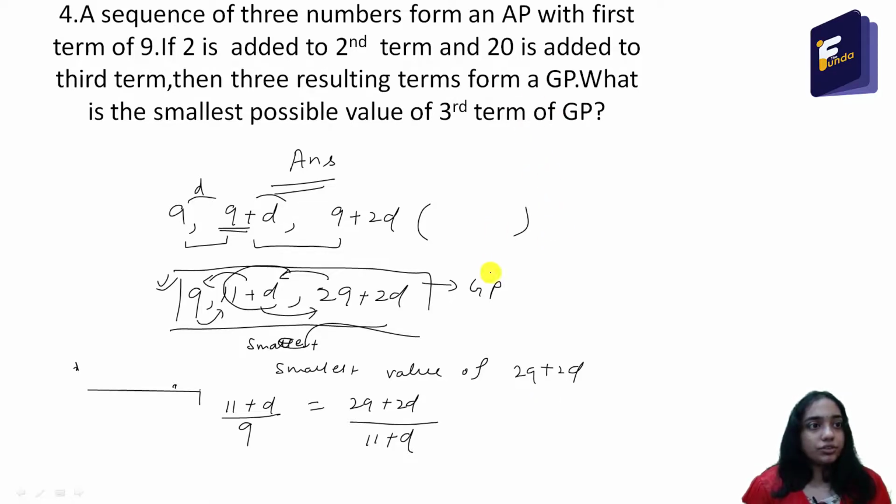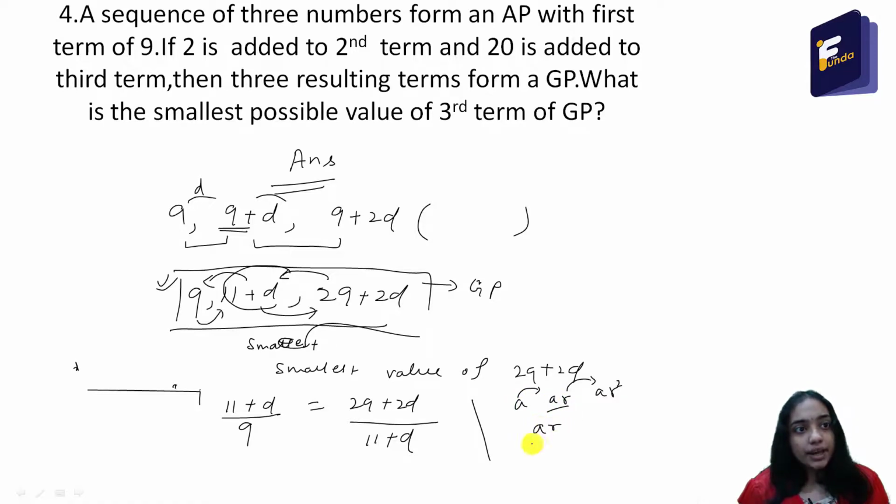If you are getting confused how I have written this, just remember that A, AR, AR square, these three numbers are in GP, because we multiply R to the first term, then R to the second term. How am I telling that the ratio is the same?